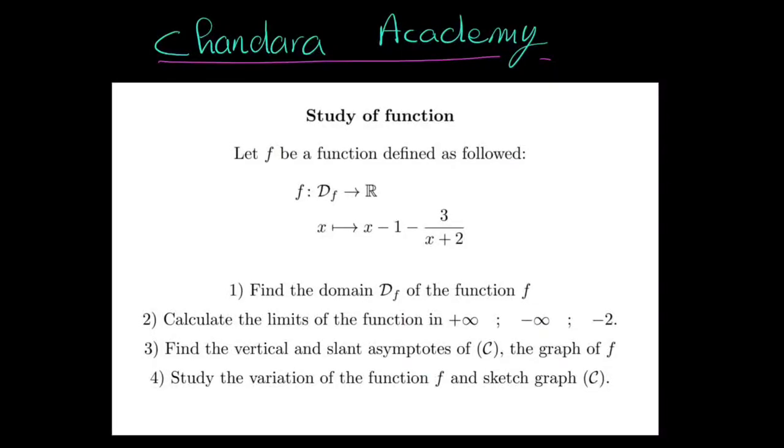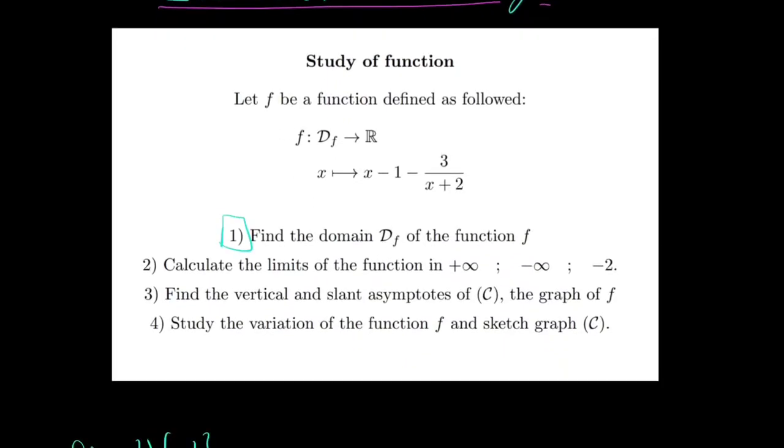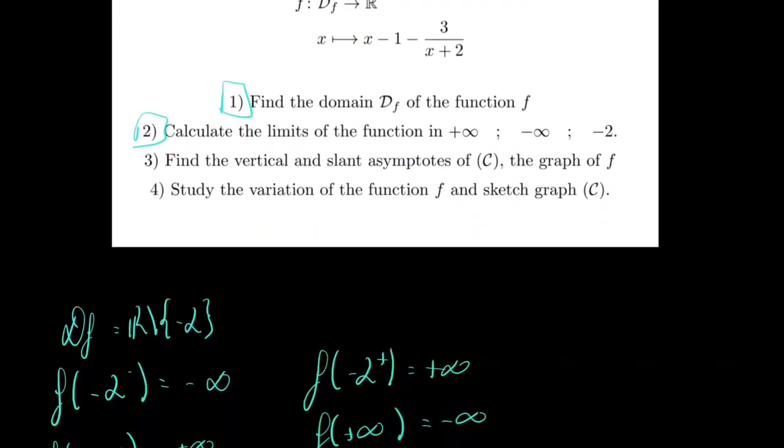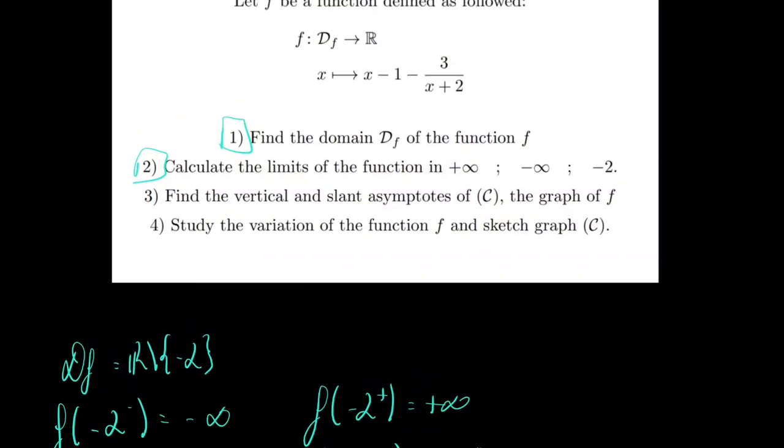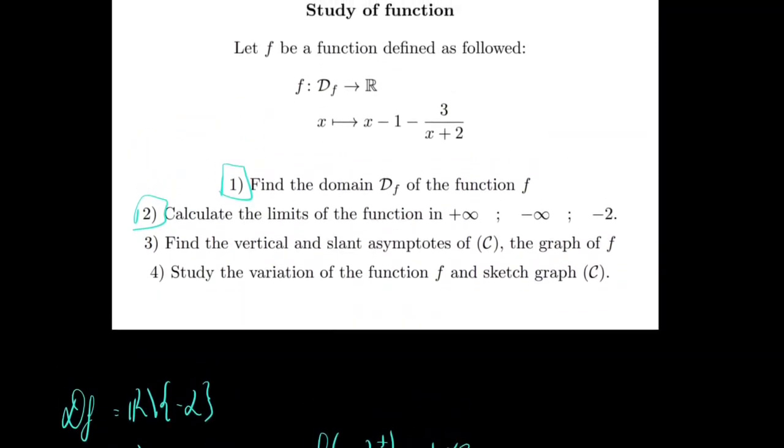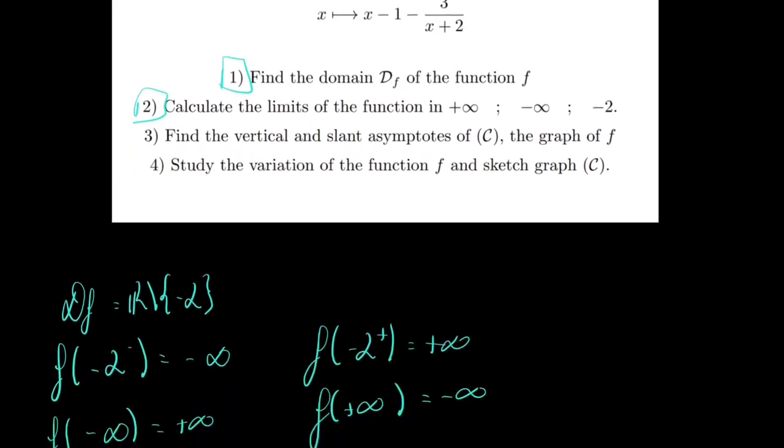In today's video, we are going to solve the second part of this exercise about the full study of a function, which is here kind of a rational function, but a little bit developed. In the first part of the video, we solved the first question and the second one, and we determined the domain of definition of f, which is equal to all the real numbers except the value -2, because in -2 we have the denominator that is equal to 0, and we don't want that because we don't want to divide by 0.